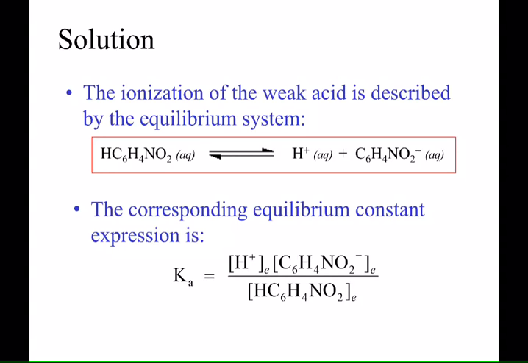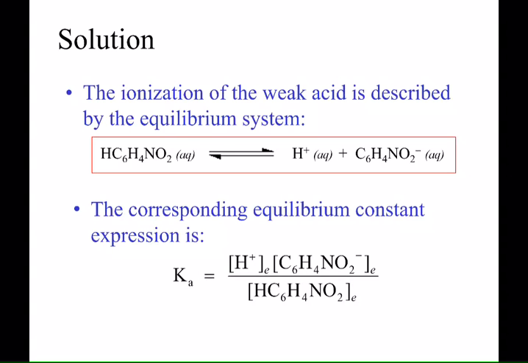So across I'll put my headings: the molar concentration of HC6H4NO2, that's the weak acid, the non-ionized version of the weak acid, the molar concentration of the hydrogen ion, and the molar concentration of the conjugate base, C6H4NO2 minus 1.